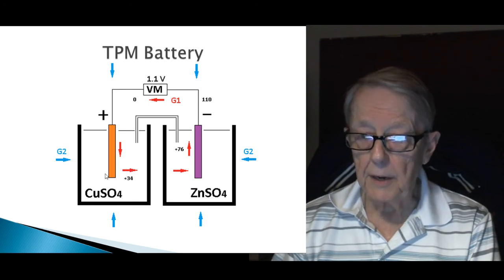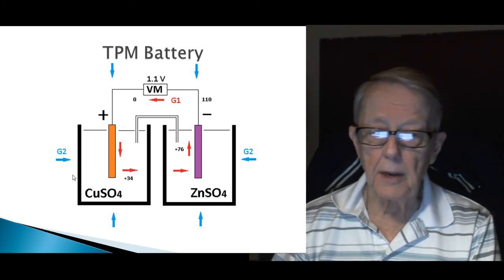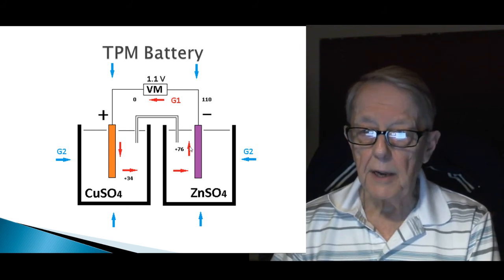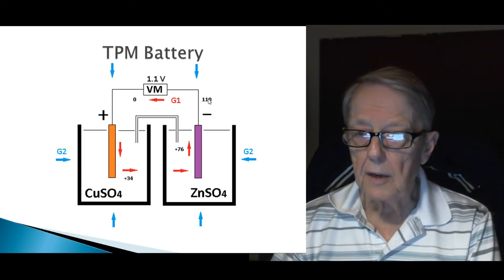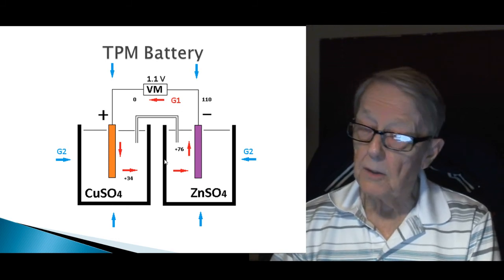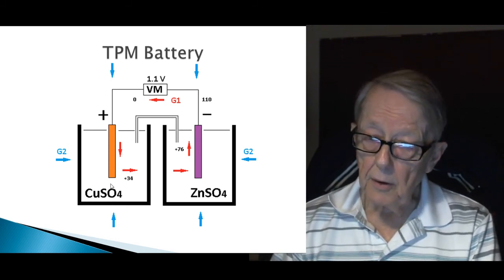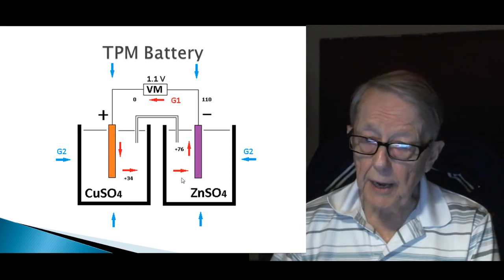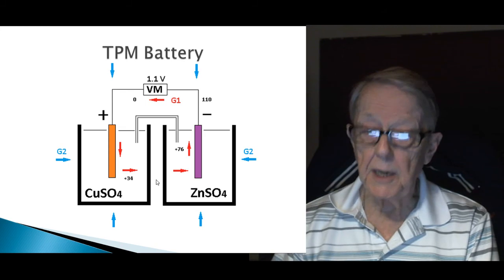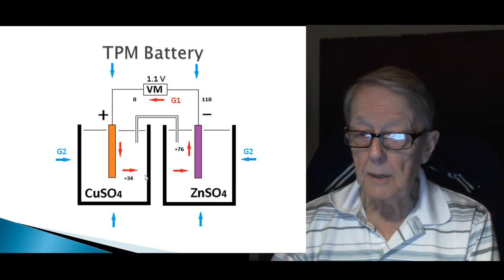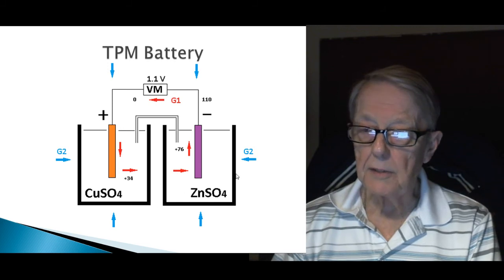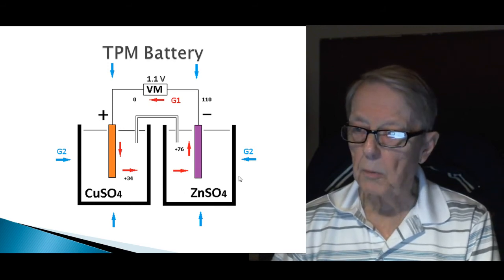If you don't get a net flow, if half of them are going left and half of them are going right, you're never going to get any net flow this way that's going to give you a voltage. So this is what I think helps get the 1.1 volt established when you have copper and zinc. When you have copper and copper, it kind of halts that whole process.